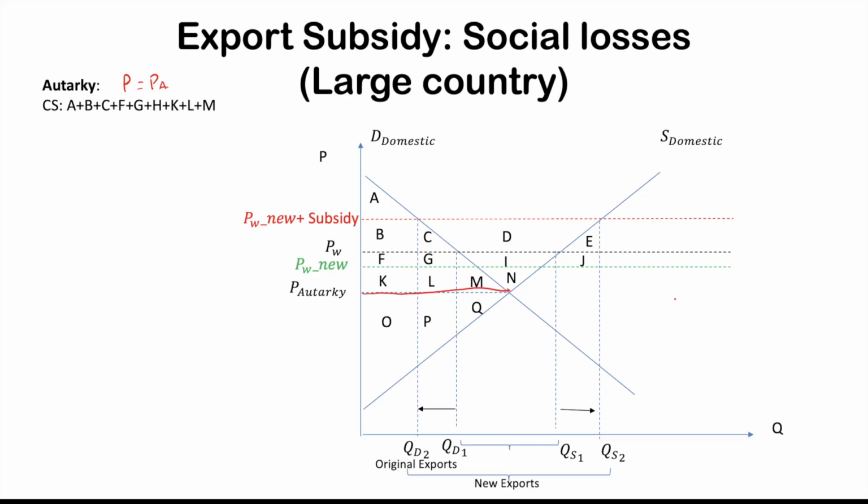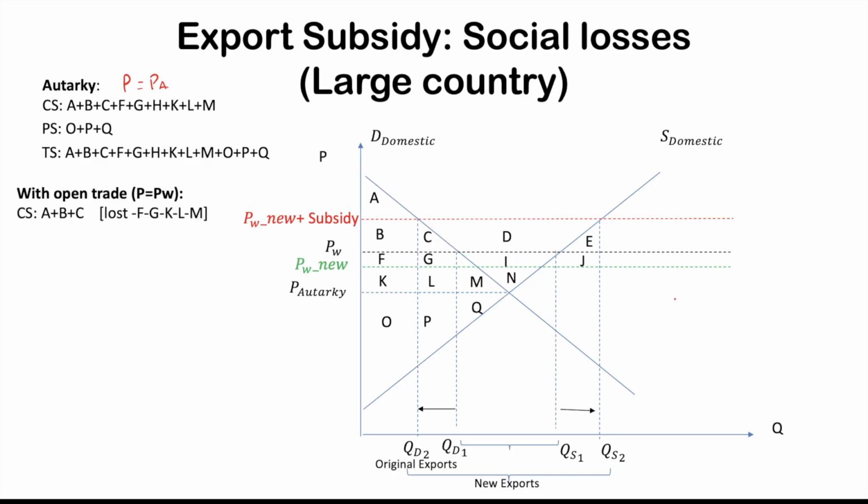And so the area above the price and below the domestic demand curve represents the consumer surplus. The area below the price and above the supply curve represents the producer surplus. And the total surplus is the sum of the two. Now suppose the country opens to trade, so the new price is PW, and the consumer surplus is the area above the price but below the demand curve, so it's this triangle here.